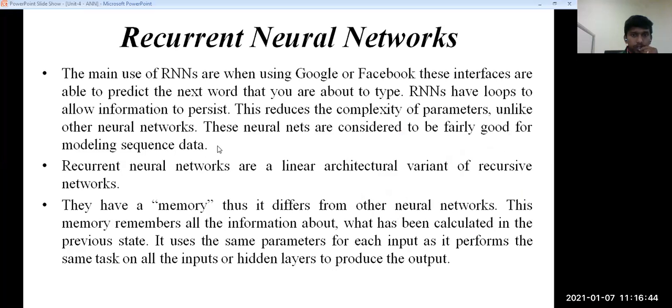Now, talking about how this is used in industry and many areas. The main use of RNNs is when using Google or Facebook, these interfaces are able to predict the next word that you type. Whenever you are searching through Google or Facebook, you get recommendations, right?